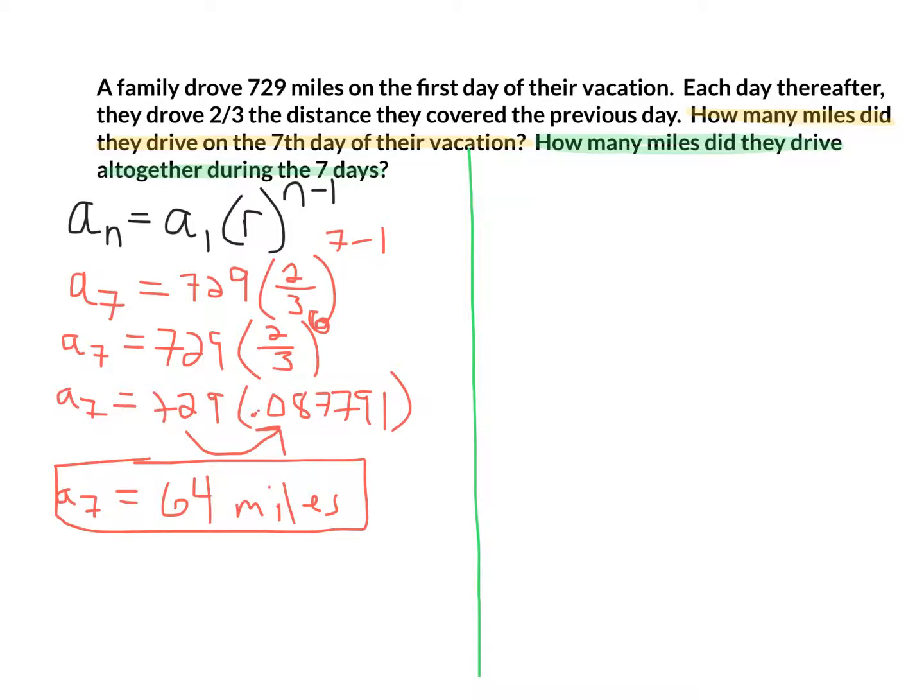Part 2 of this question is now asking, all right, how many miles did they drive all together during their vacation? So that is the summation formula or series of this equation. That says you're going to do A of 1 times, remember this is the really ugly fraction here, 1 minus r to the nth all over 1 minus r.